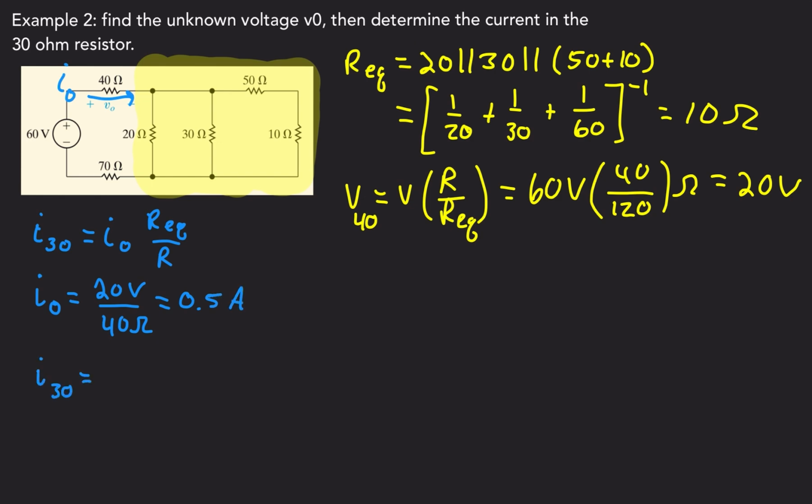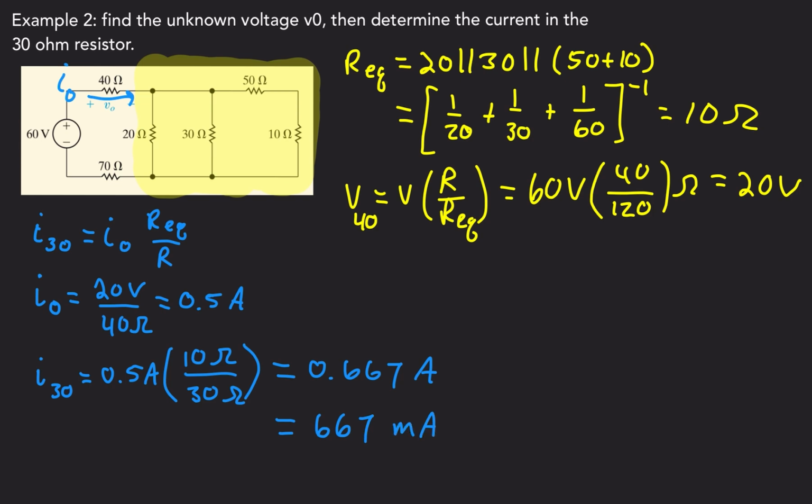So I30 is going to be equal to 0.5 amps times 10 ohms divided by 30 ohms. It's going to be equal to 0.667 amps, or 667 milliamps.